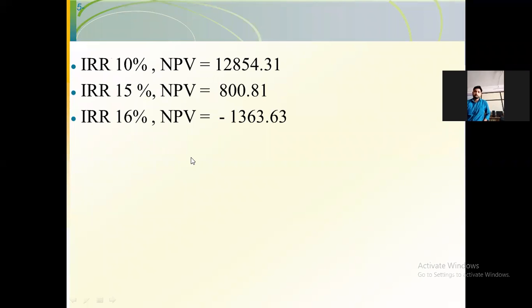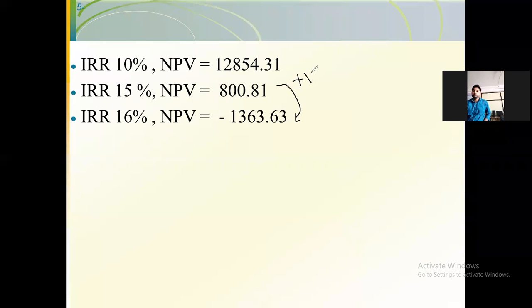And I will get the value of NPV equal to minus 13.63. Now here also your logic should be applied that from 15 to 16%, NPV changed from 800 to minus 13.63. पॉजिटिव से निगेटिव हो गया.